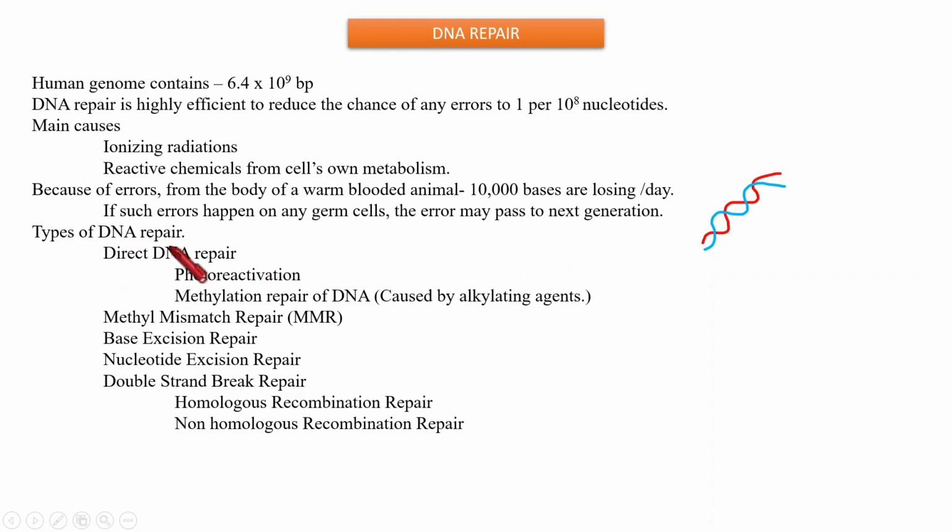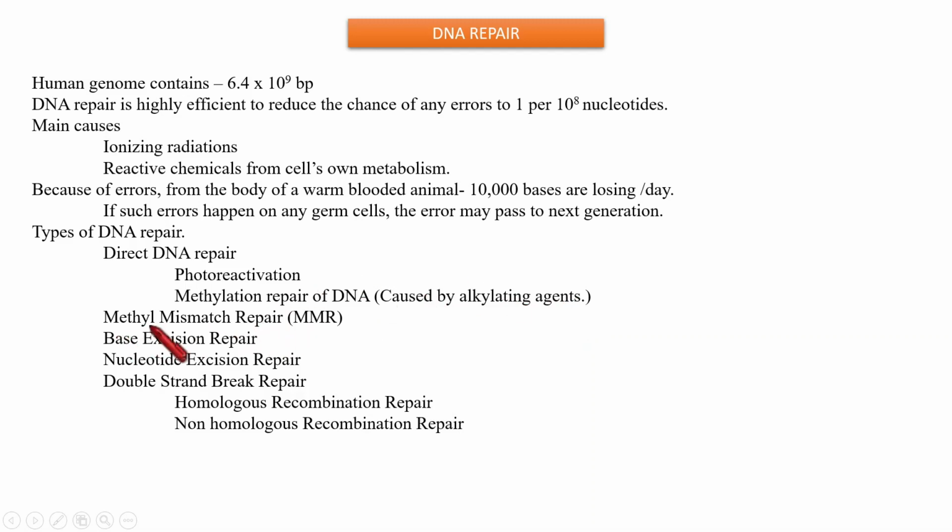So, different methods are also there for repairing the DNA. Let's see one by one. Direct DNA repair is there, and the direct DNA repair itself is of two types. They are photoreactivation and methylation repair of DNA. And that methylation is caused by some alkylating agents. Okay.